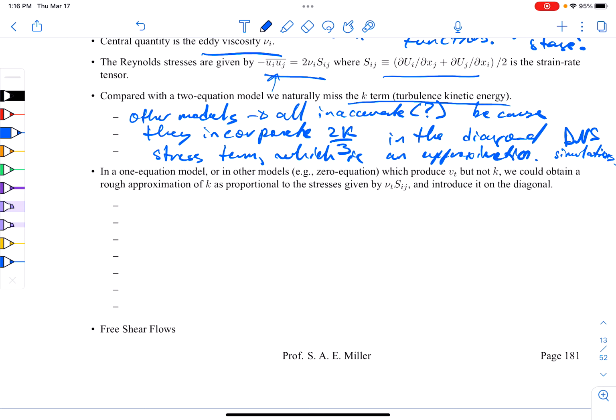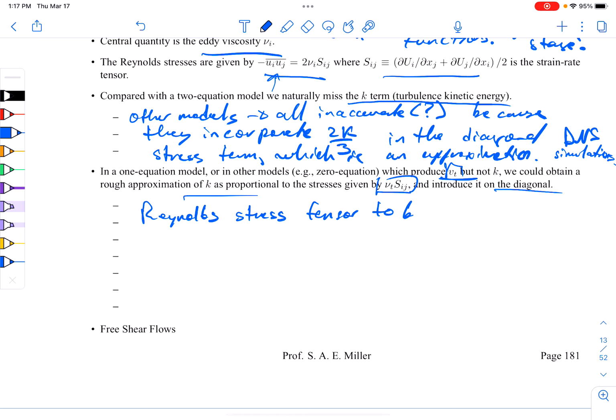In one equation models, there's zero equation models which have, of course, an eddy viscosity, but not turbulent kinetic energy. They can obtain a rough approximation of K by just saying, okay, it's going to be something proportional to nu times Sij, and it's diagonal. So, okay. That's fine, but then these models would require the Reynolds stress tensor to be positive definite.